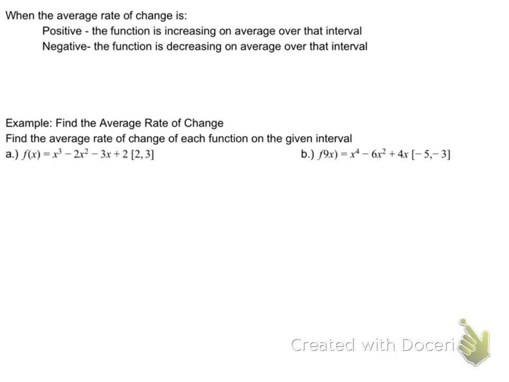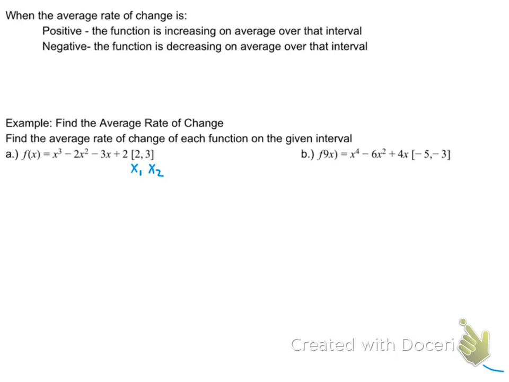So what we're going to do here is find the average rate of change for part A. f of x equals x cubed minus 2x squared minus 3x plus 2 on the interval from 2 to 3. Here's the cool thing: when it says from 2 to 3, it tells you x1 and x2, 2 and 3.